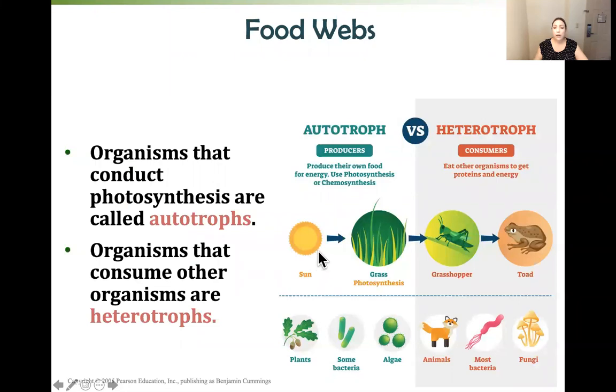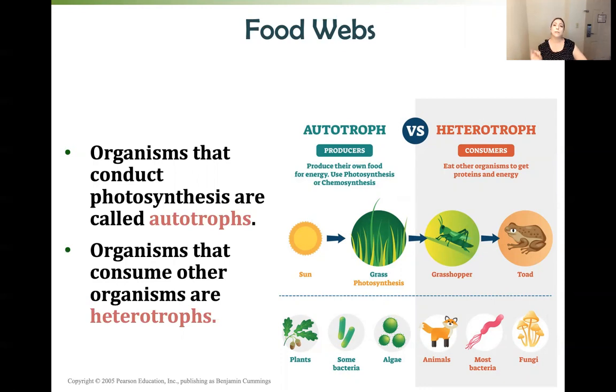So here we have the sun, we have grass, photosynthesis, and that means that the plant is taking in water, carbon dioxide, and sunlight, and producing sugar and oxygen. Now, if you look below that, this shows you plants, some bacteria, algae, just to remind you that it's not only plants that photosynthesize.